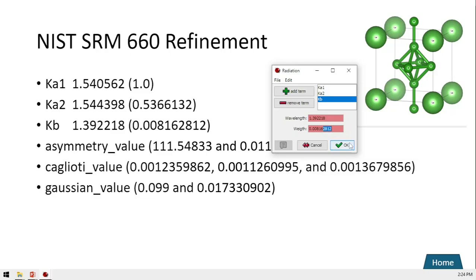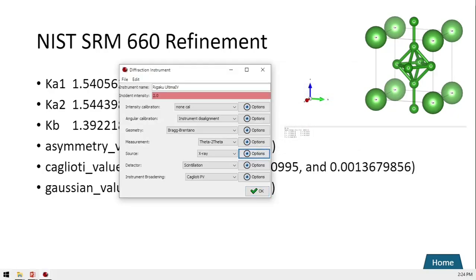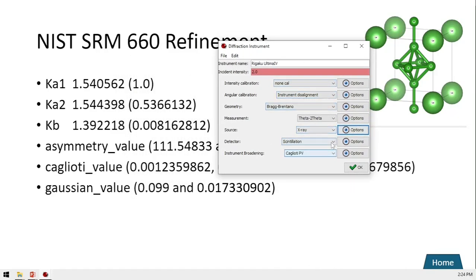Okay, and then press OK, and then we will go back to this source, and then detector scintillation, because it's also working for neutron. Just choose the scintillation.